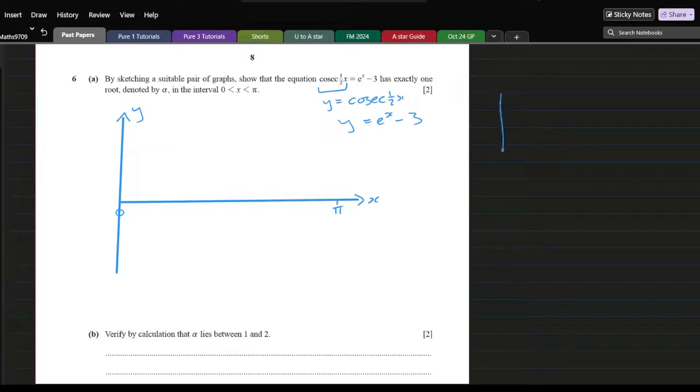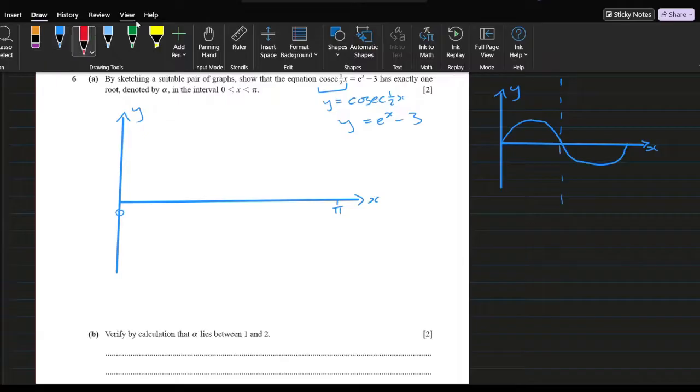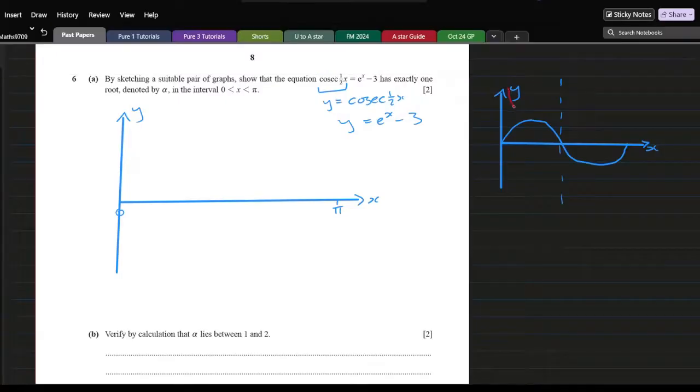So that graph stems from the graph of y is sine x. So if I can draw the graph of y is sine x, which looks something like that, bear with me. It means that the graph of cosec x would look like this.